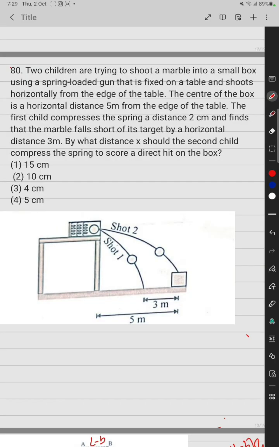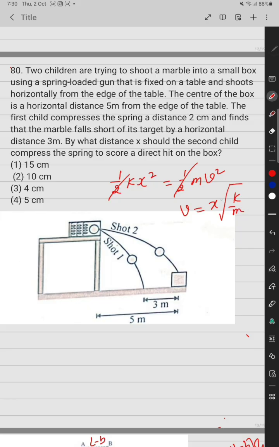In this question, there are two particles which are projected with the help of a spring. We know the spring constant is k, then half k x square equals half m v square. Therefore, the horizontal velocity in case of the spring is v equals x root k by m.